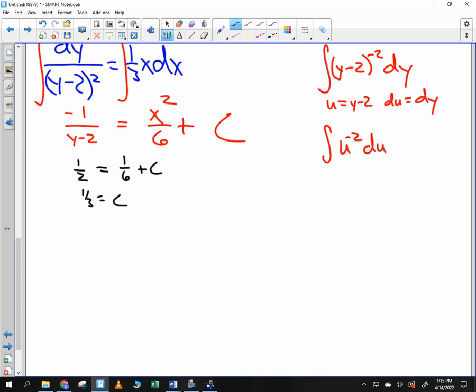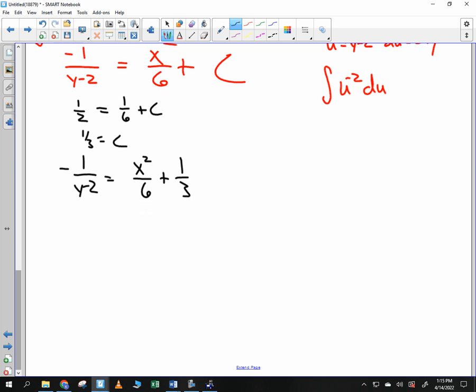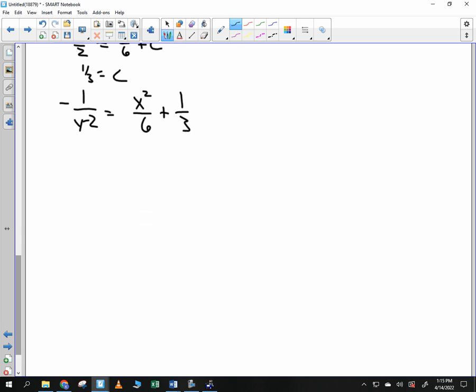Everybody okay with that? So let's finish this off. We're almost there. Negative 1 over y minus 2 is equal to x squared over 6 plus 1/3. To make life a little easier on myself, I'm going to combine those two together. Can I create common denominators?